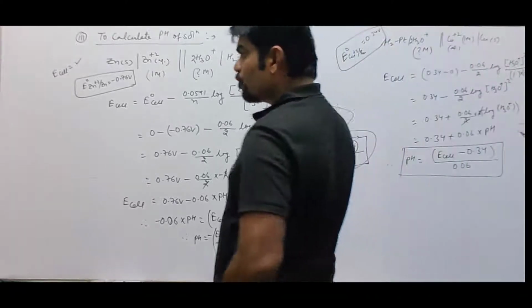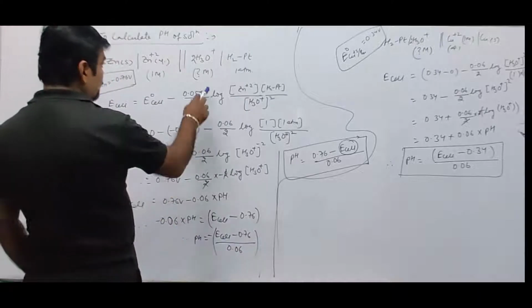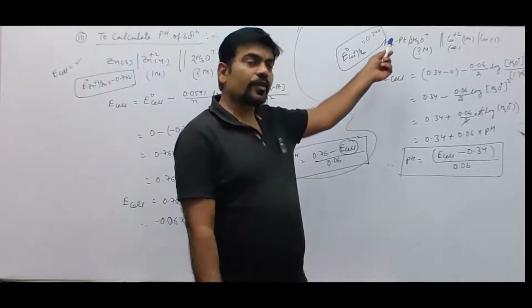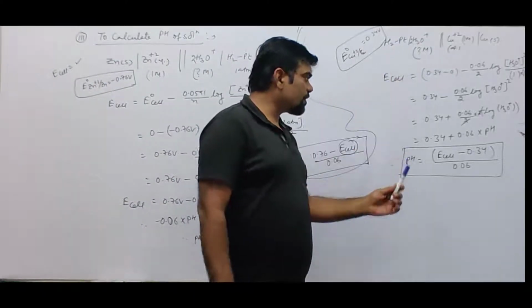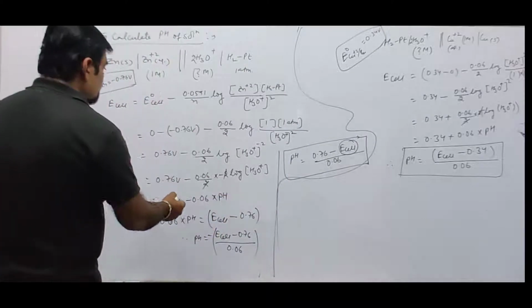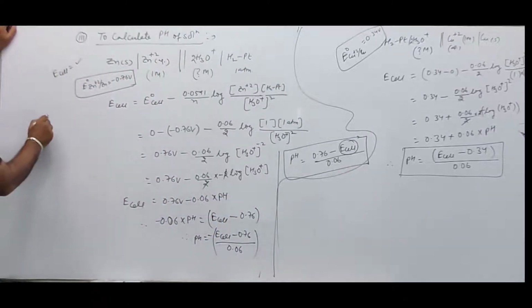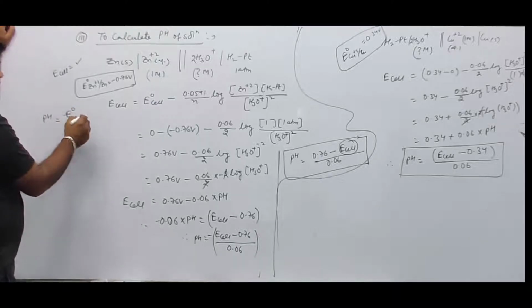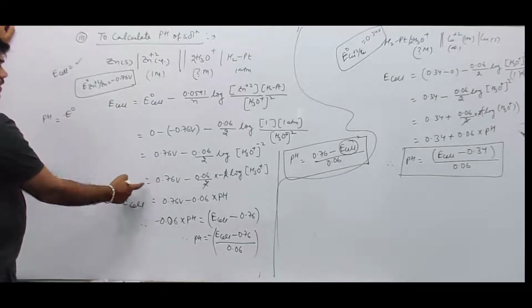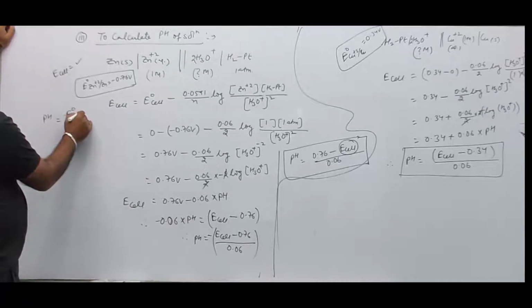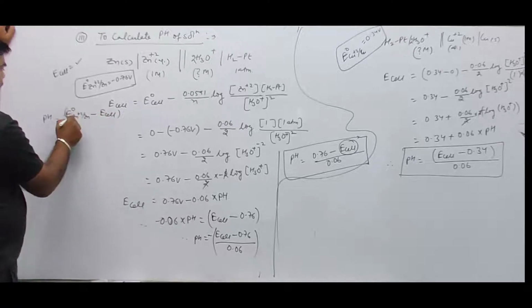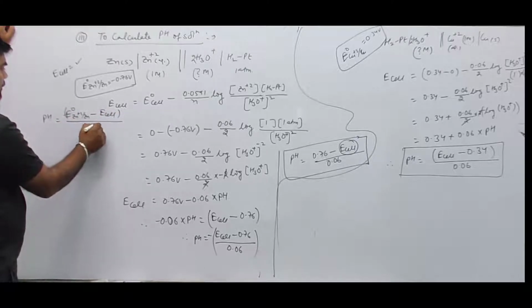If the unknown concentration of H3O+ is at the cathodic compartment, we will use this equation. If the unknown concentration of H3O+ is at the anodic compartment, we will use this equation. So simply we can simplify: pH of solution is equal to E naught of Zn2+/Zn minus EMF of cell divided by 0.06.